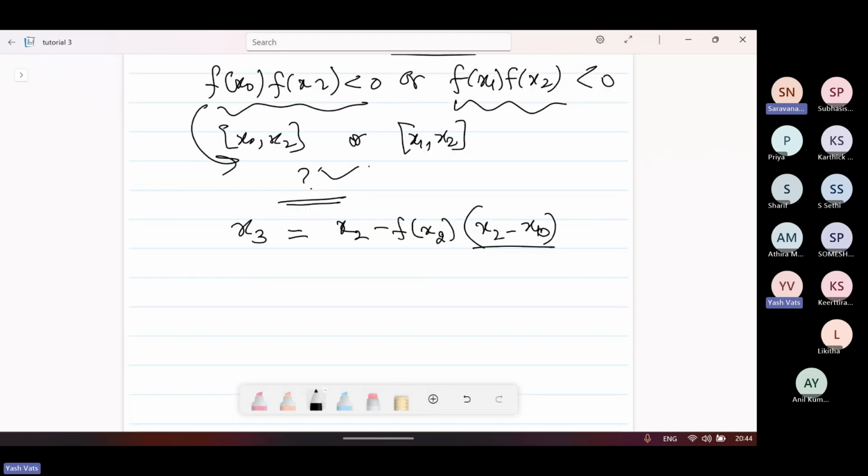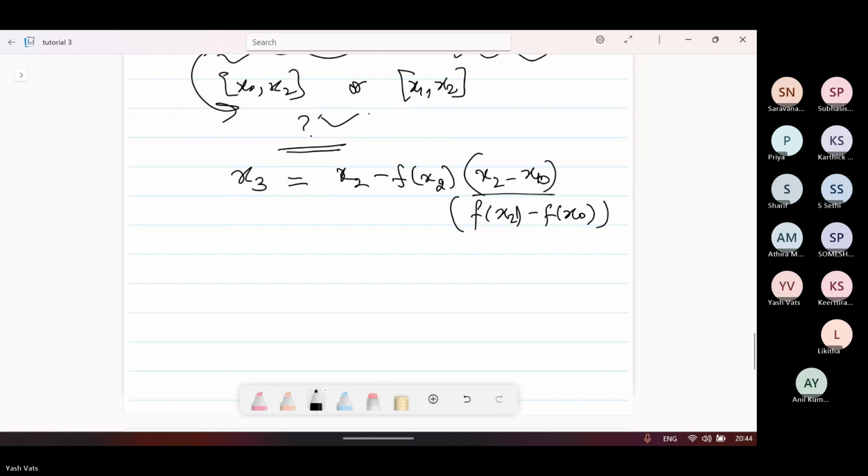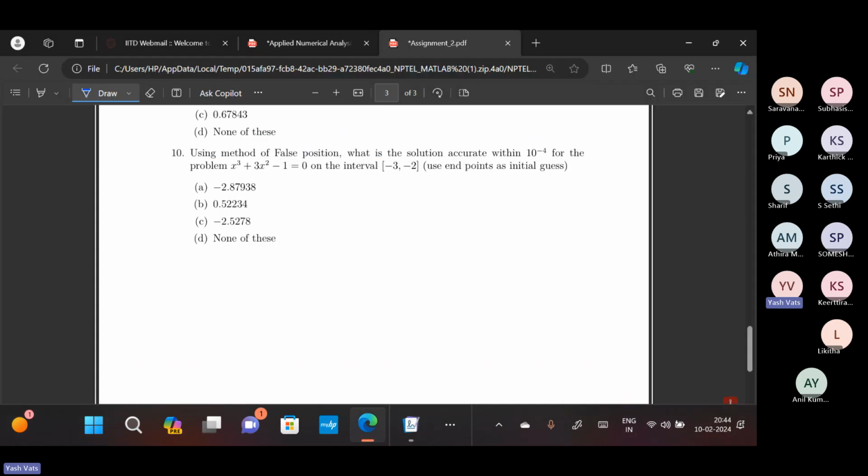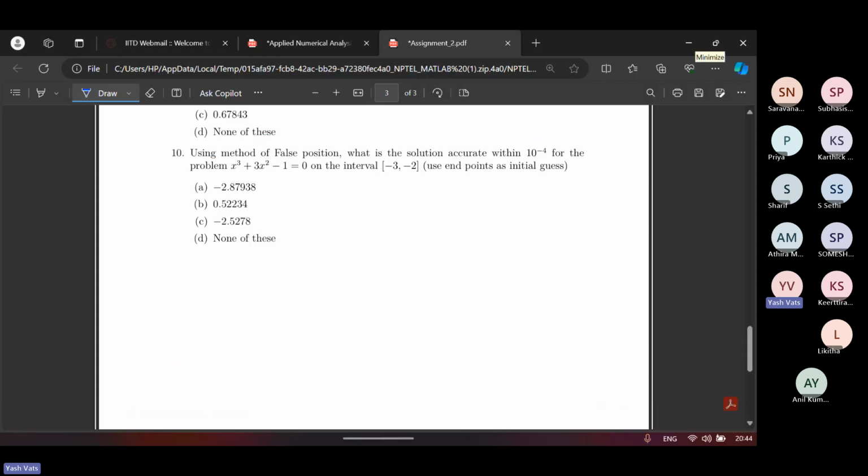So I am taking x0 and x1. Try to calculate x3. Whatever you get, find out whether it is accurate within 10 to the power minus 4.